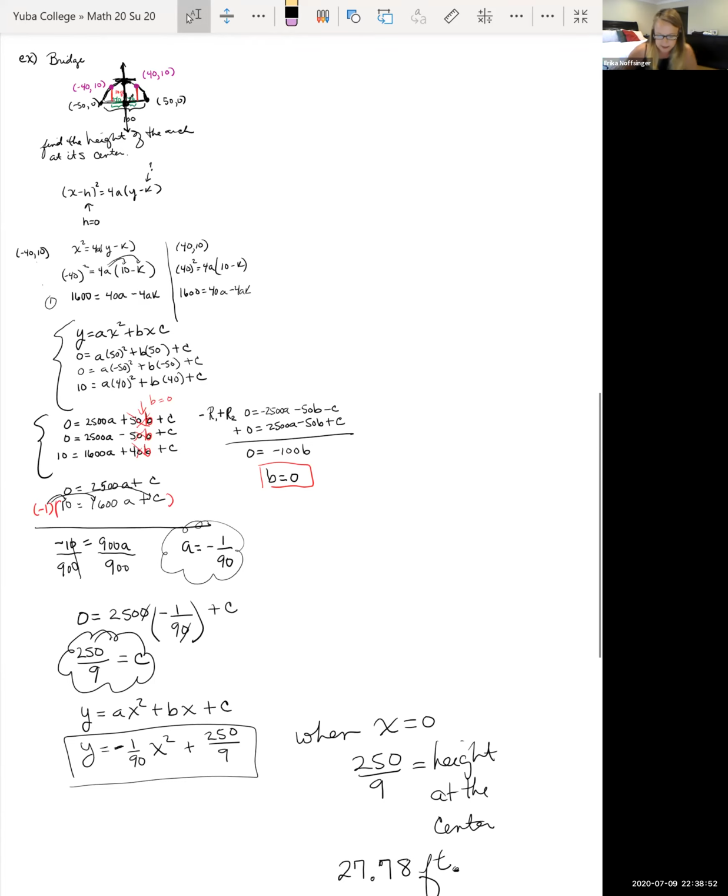I knew this distance in here was 100. And so I have to pick points that I know are on my equation, on my parabola. Since I centered it here where my axis of symmetry is my y-axis, and that length was 100, it would have to be 50 over here and 50 over here, which would give me a height of 0.